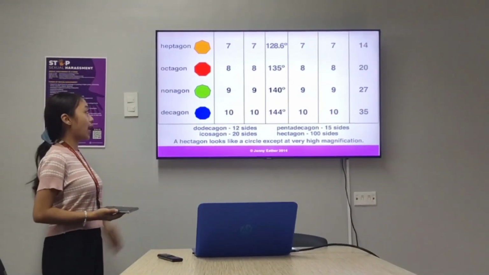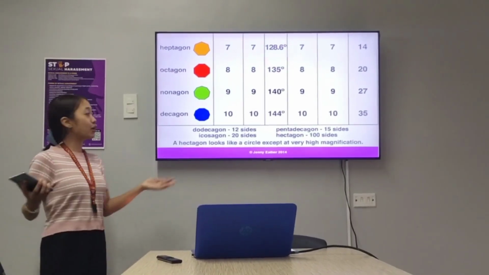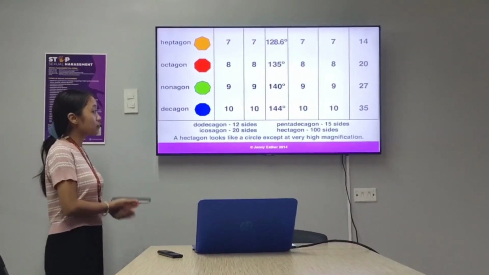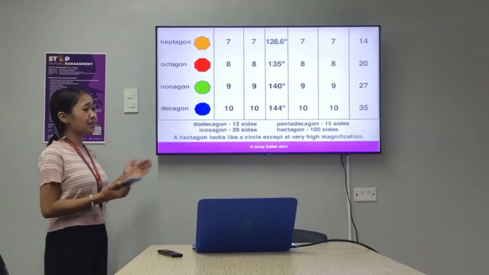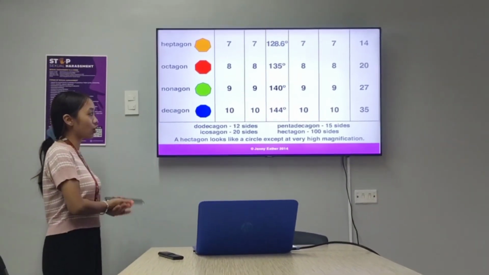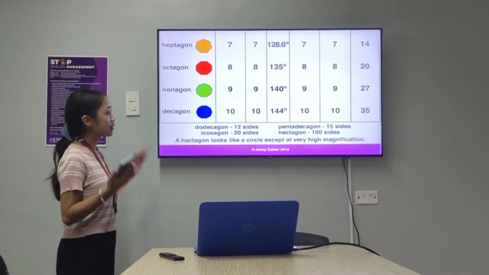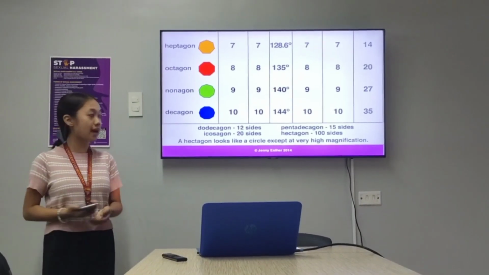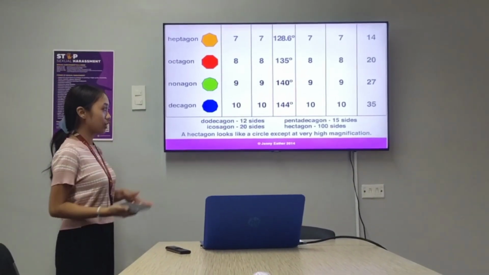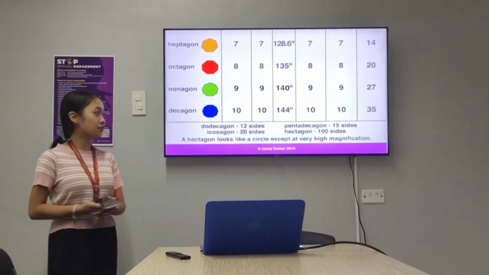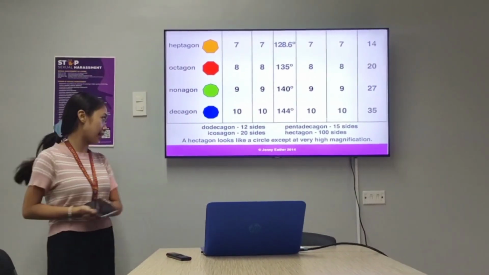Although the chart ends here at the decagon, there is a continuation of that, which also includes the dodecagon, which consists of 12 sides, pentadecagon, 15 sides, icosagon, 20 sides, and hectagon, which has 100 sides.